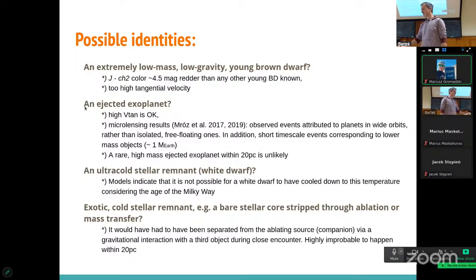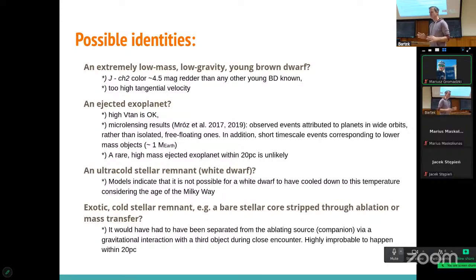So for example, for an ejected exoplanet, I think the people doing microlensing here, the experts, know now that we don't see a big population of such objects in the galactic halo.